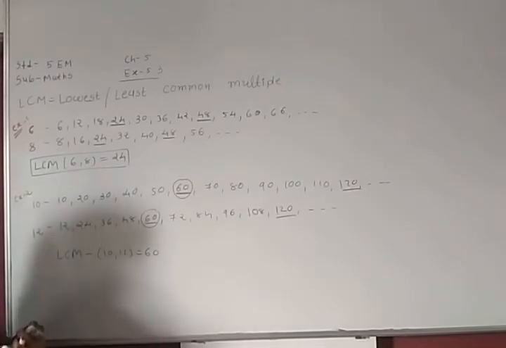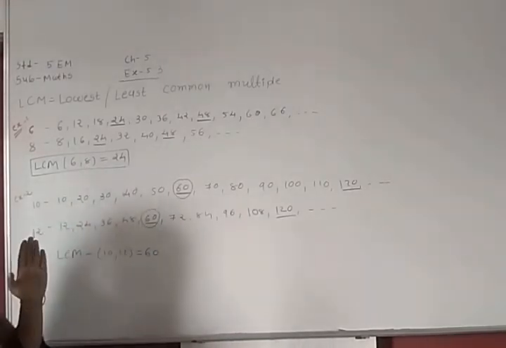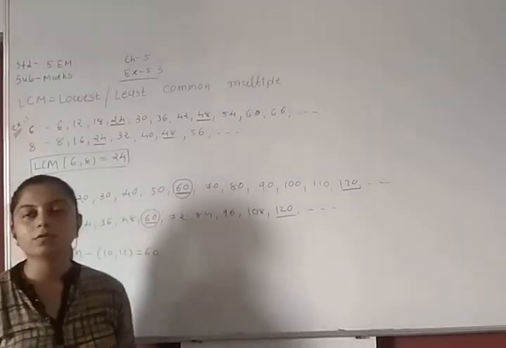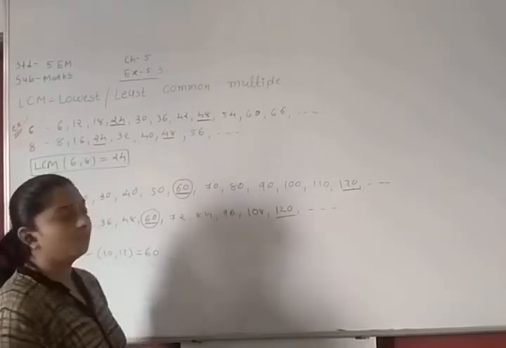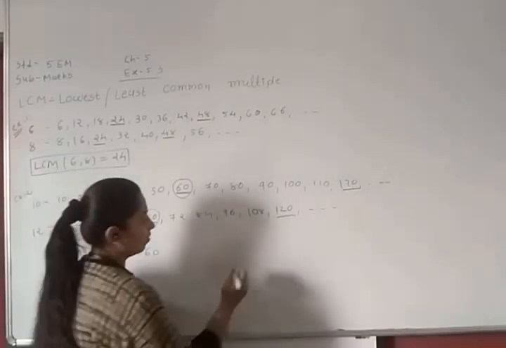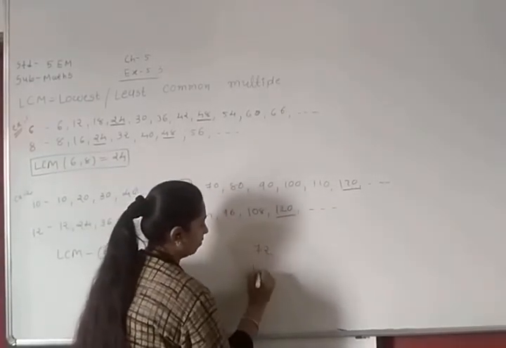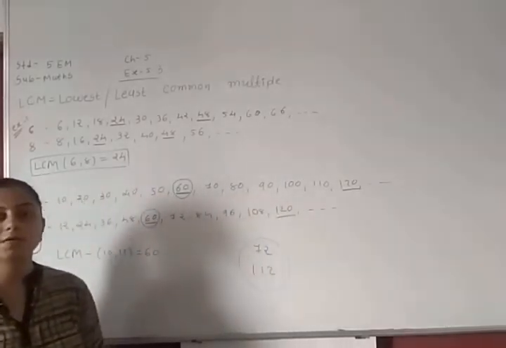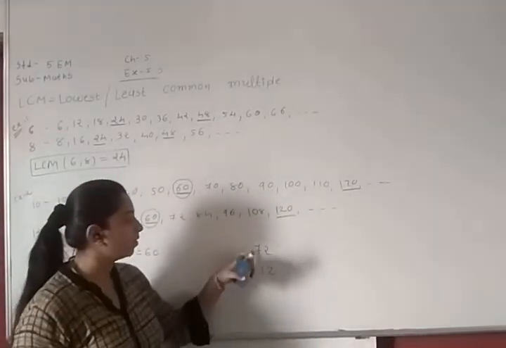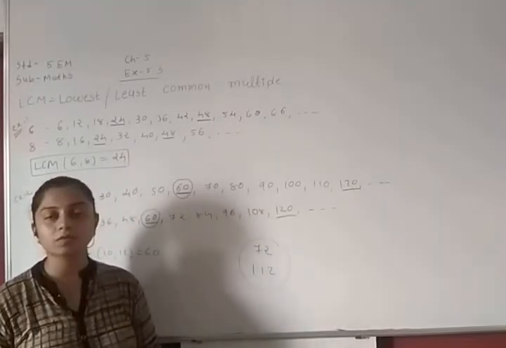Now what is the problem with this method? Problem is, if you know the tables, then only you can find the multiples. Clear? Now if I give you a big number, suppose I give the numbers 72 and 112. Find the LCM of these. Now it will be difficult for us because we don't know the table of 72, we don't know the table of 112.